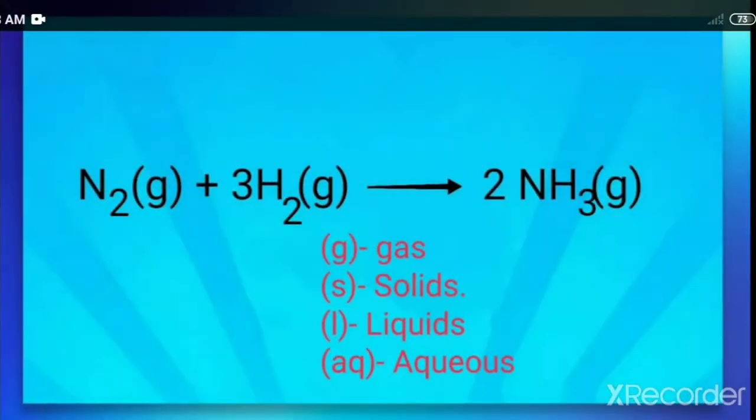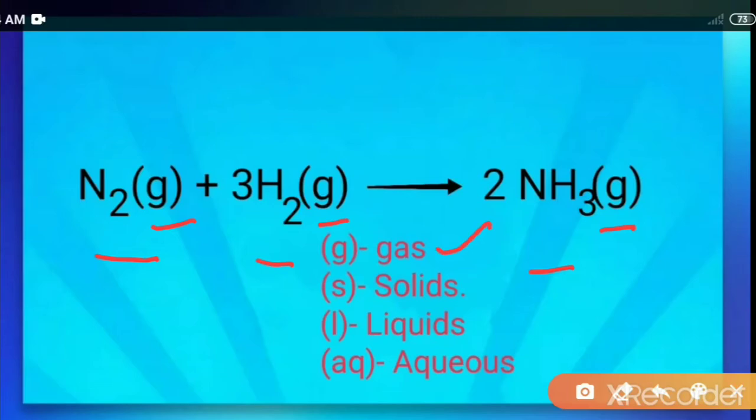While representing an equation, we write g, s, l or aq in brackets as shown in the example. Here g is written in brackets with nitrogen, hydrogen and ammonia. Why is this g written? Because g represents gas.